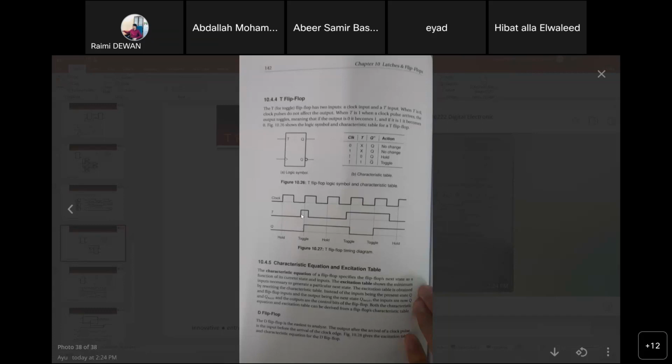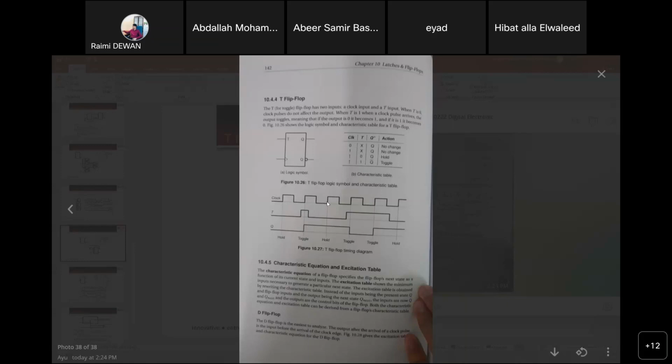And then let's say T changes such that you have 1 here, and you see the clock, the next Q output will change depending on the rising edge, not the falling edge. So at the next rising edge you have T equals 1. T equals 1 means it will toggle the previous output, so this one is the inverse of the previous one, which is 0 here.